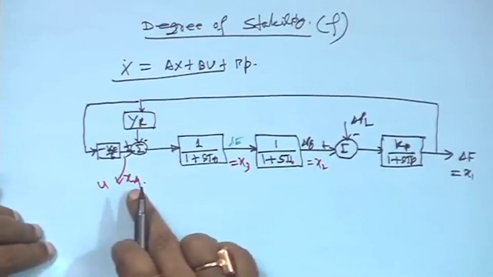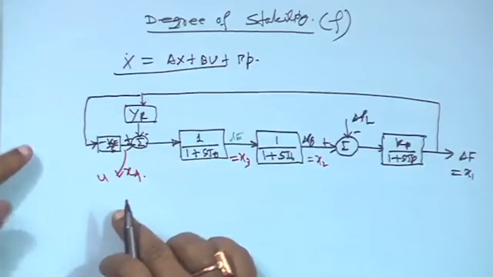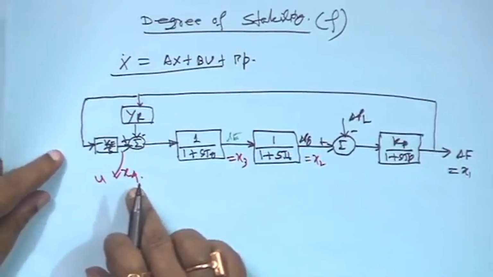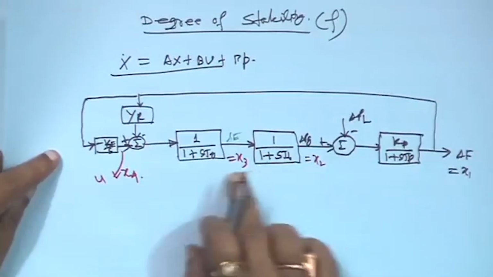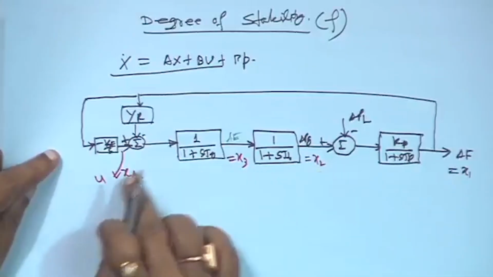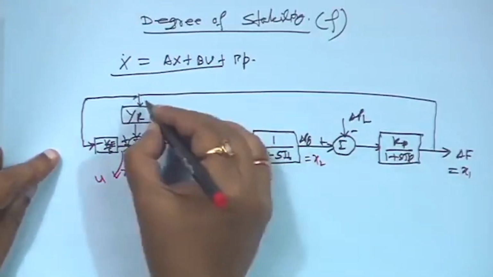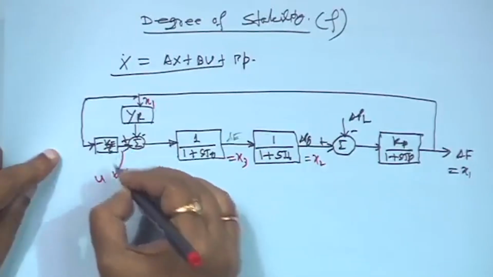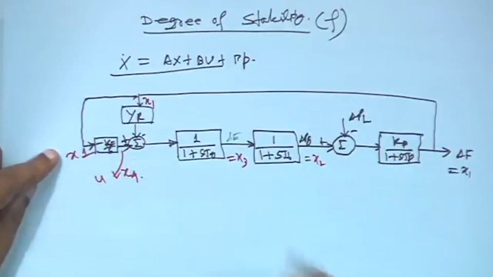If I take the reheat type, there will be one more equation, x5, but in this case it will be x4. The input to this is x1, and here also it is x1.